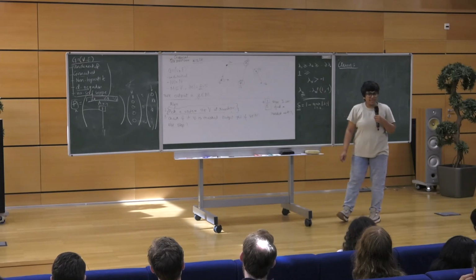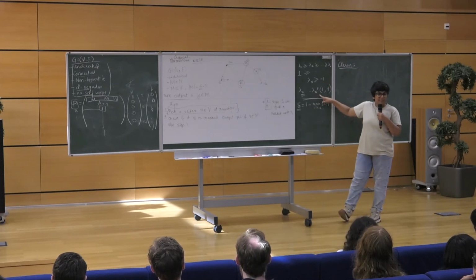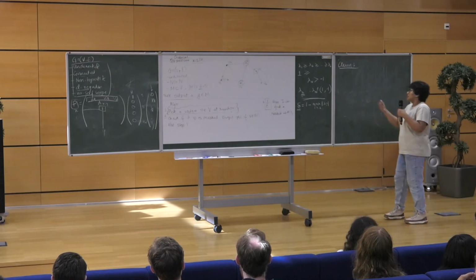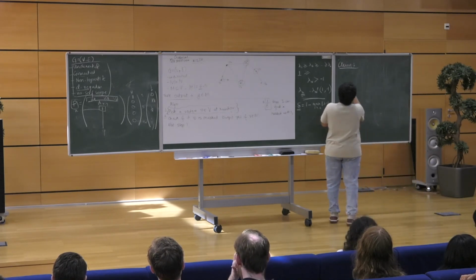That's the claim I want to make. Because of these properties of these lambda values, it ensures that you can reach it. Now let's look at why we can make such a claim.